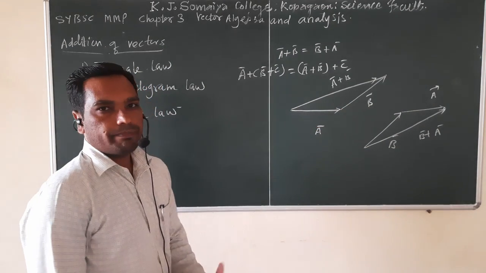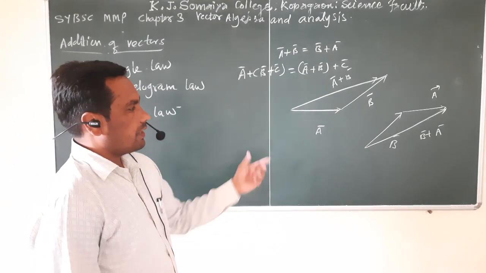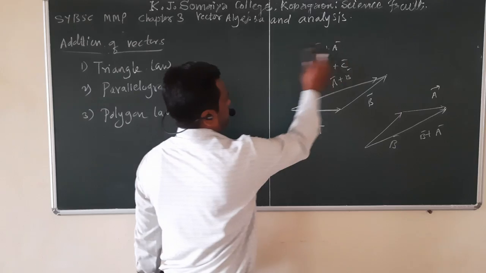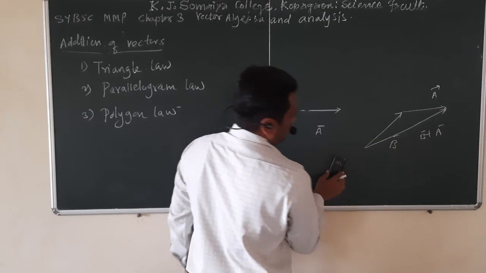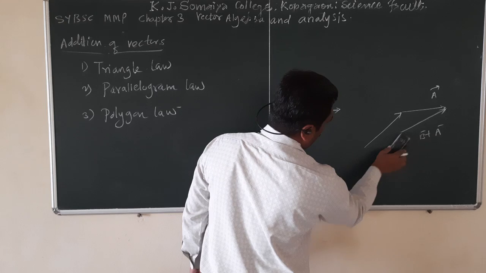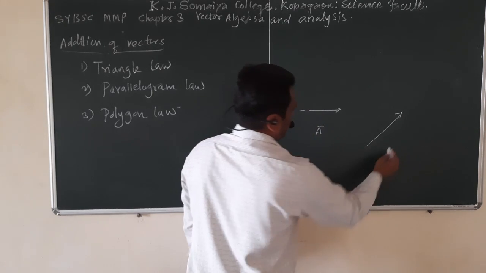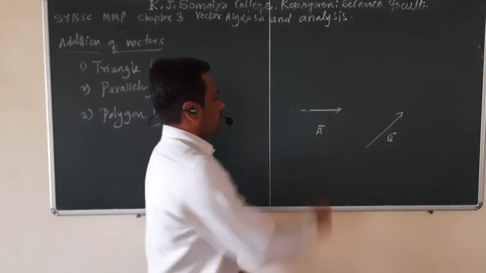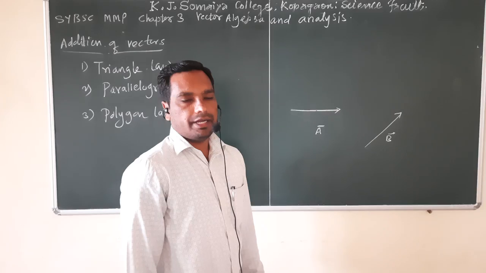How can we use the parallelogram law of vector addition? Again, if we have two vectors, vector a and b. Suppose this is vector a, and again our vector b is like this, and we have to add these two vectors by using the parallelogram law of vector addition.